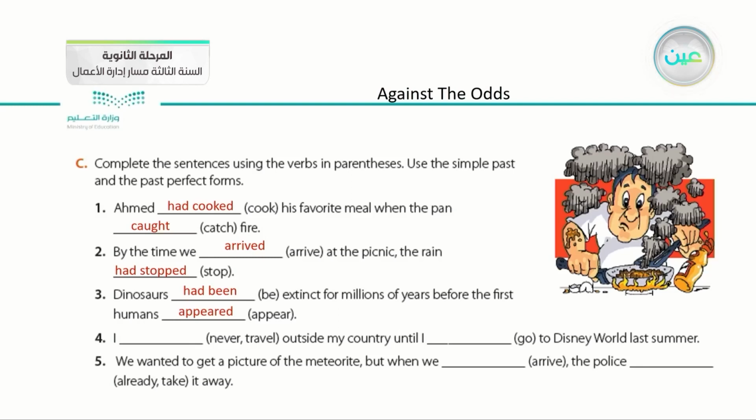Number 4, I had never traveled outside my country until I went to Disney World last summer. Number 5, we wanted to get a picture of the meteorite, but when we arrived, the police had already taken it away.